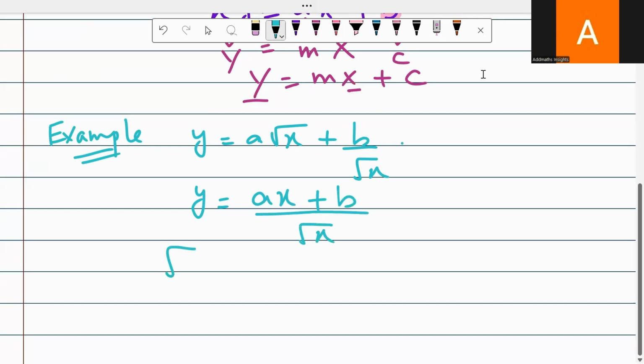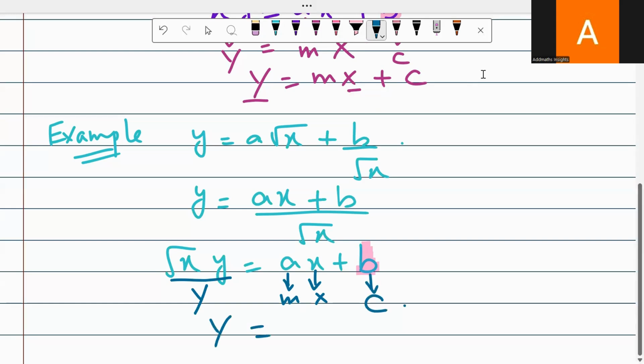And then we cross multiply. Now here you see that there is a b which is constant. Now this whole expression xy is basically y, a is m, this x is capital X, and b is c. So this is how you can convert any equation into a linear equation.